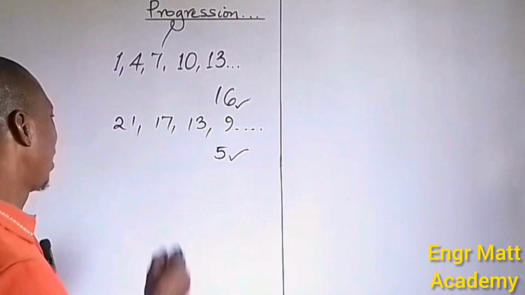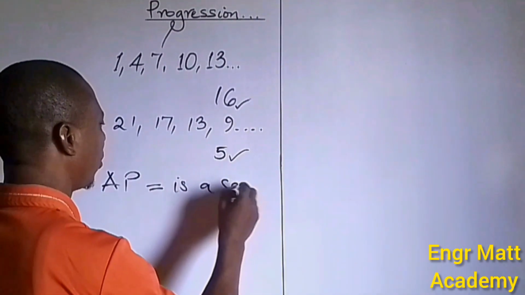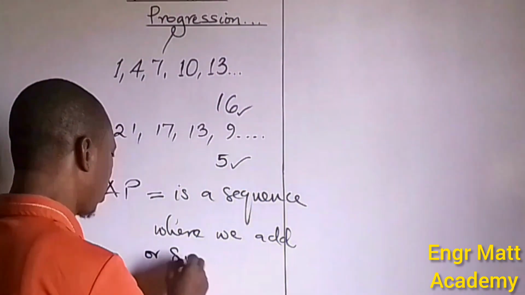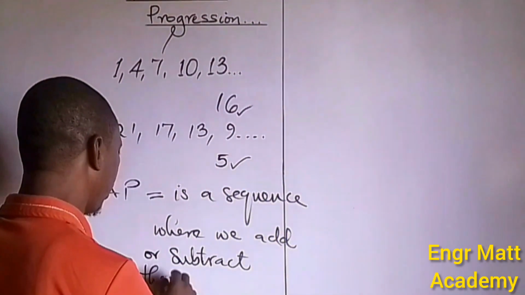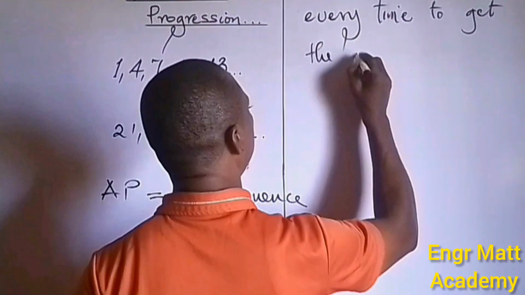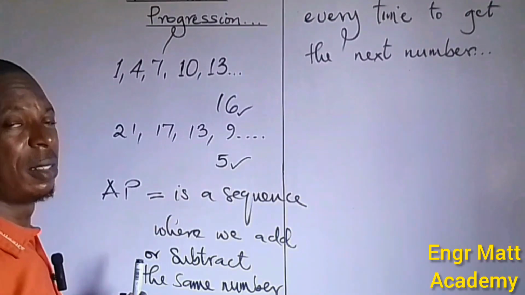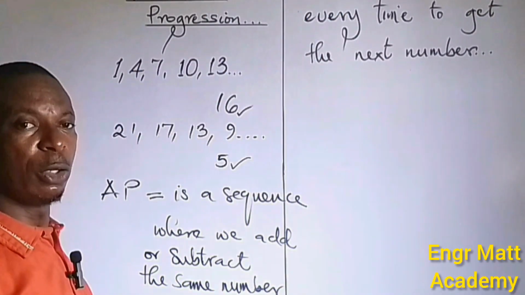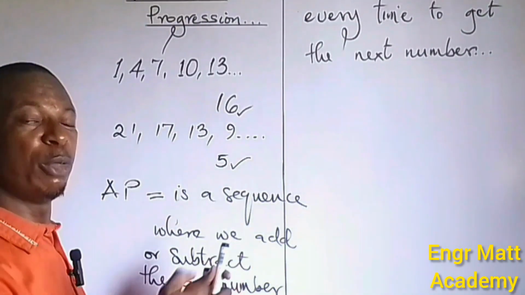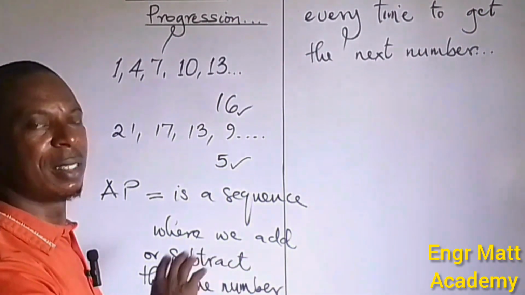It means that an arithmetic progression, AP, is a sequence where we add or subtract the same number every time to get the next number. That is, when all we do is add or subtract the same number each time to get the next number, that sequence is an AP.